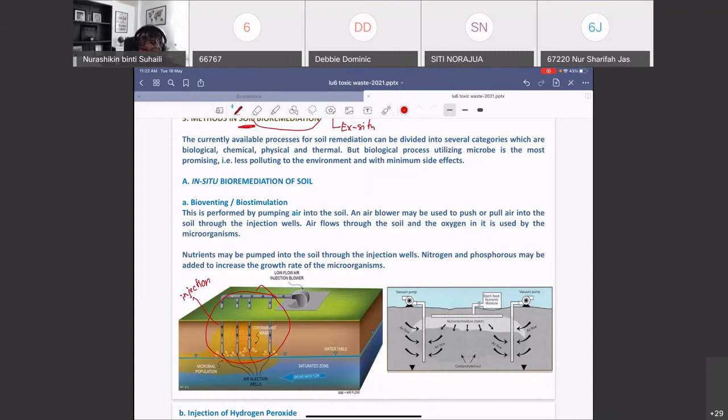Normally it is nitrogen and phosphorus, because those nutrients are needed for the growth of the microbes. It can increase the growth rate of the microbes. So nitrogen and phosphorus are pumped into the soil. That is biostimulation. So as the name implies, it is to stimulate the growth, biostimulation.